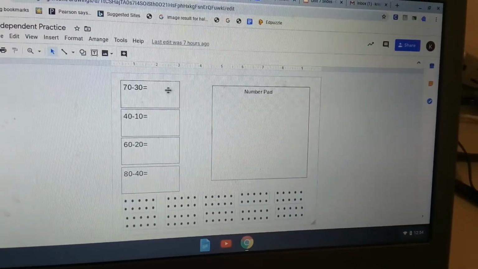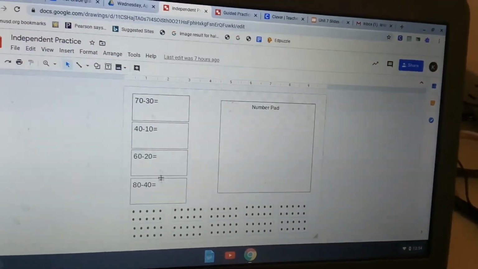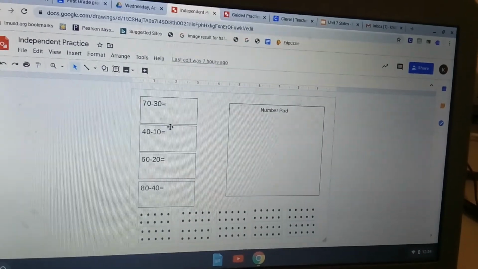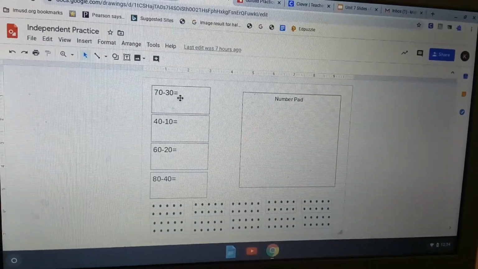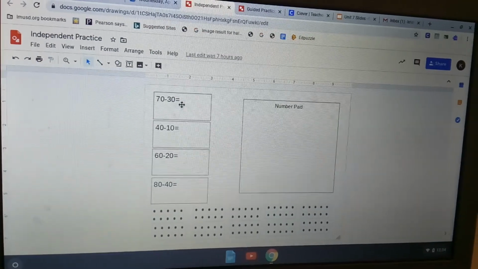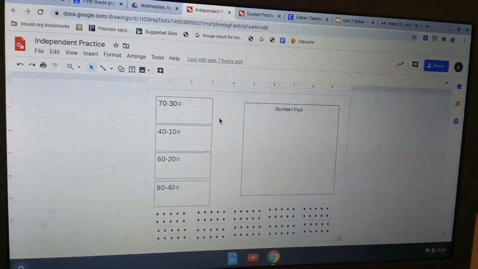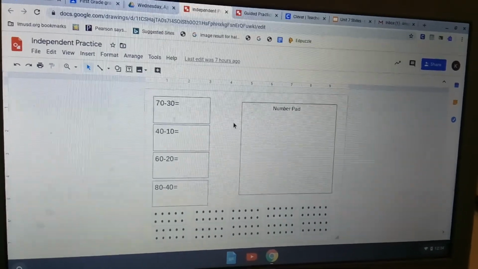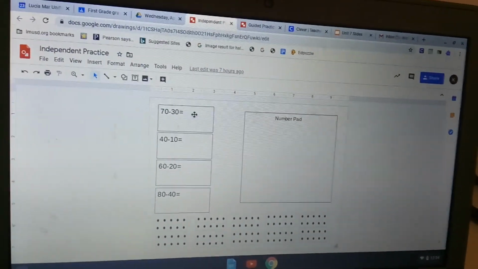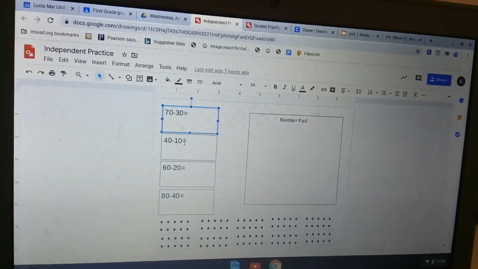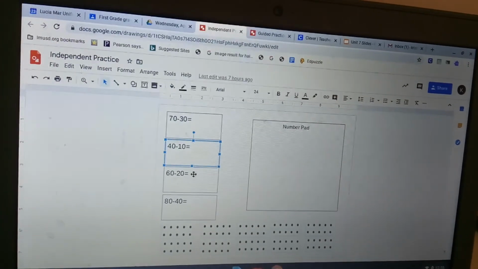You're going to build your first number using our 10 frame cards, take those numbers away, and then you're going to count how many 10s or 10 cards you have left and put your answer in 10s. Now these are text boxes, so you can type your answer in each one.